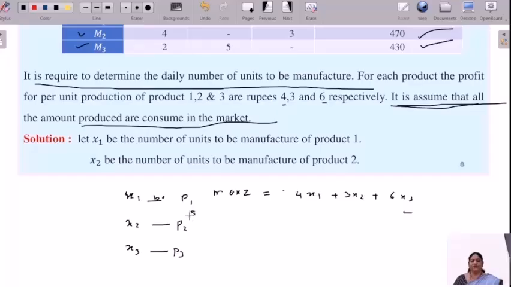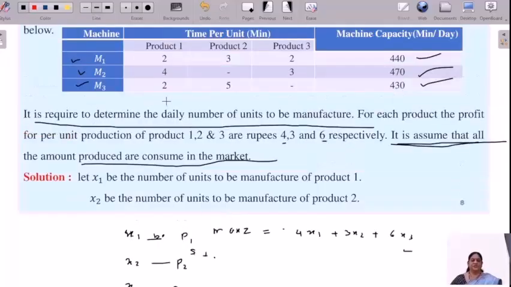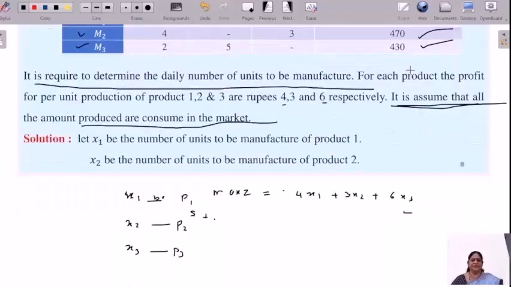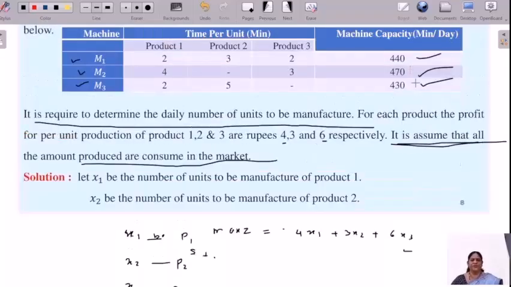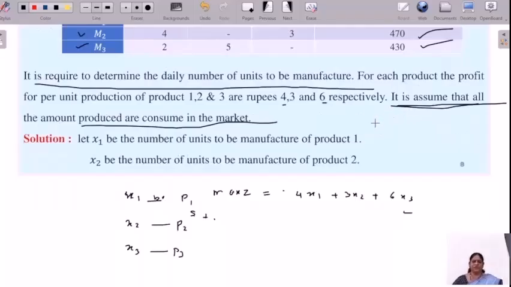Now we will find our constraints according to this. Product 1 requires 2 minutes. Therefore the constraint is 2x1 plus 3x2 plus 2x3 less than or equal to 440, because the daily capacity of the machine is 440 minutes.